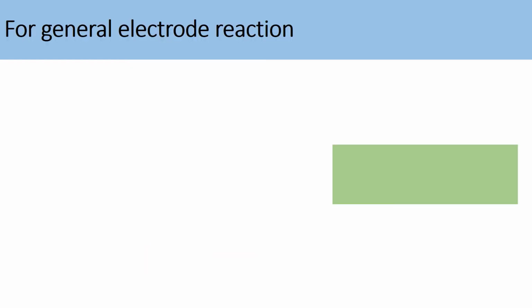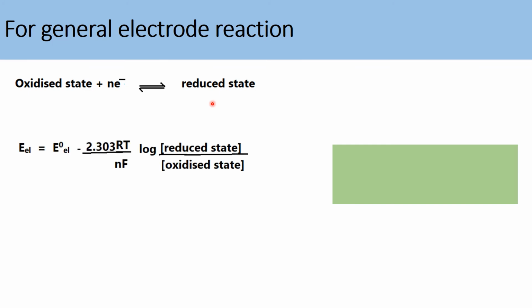Here we are representing a general electrode reaction, that is, oxidized state plus n electrons gives reduced state. The electrode potential for any electrode, metal, metal ion or any other redox couple, is given by the Nernst equation: the reduction potential of the electrode is equal to the standard reduction potential of the electrode minus 2.303 RT by nF log molar concentration of reduced state divided by molar concentration of oxidized state.